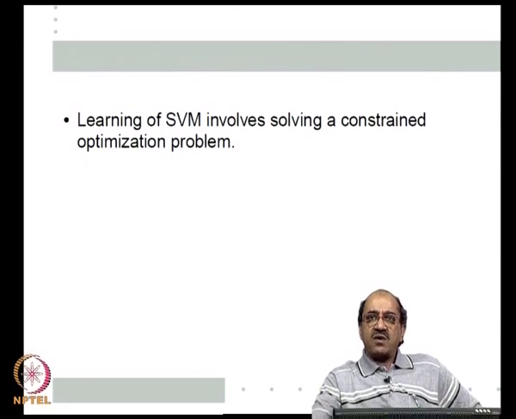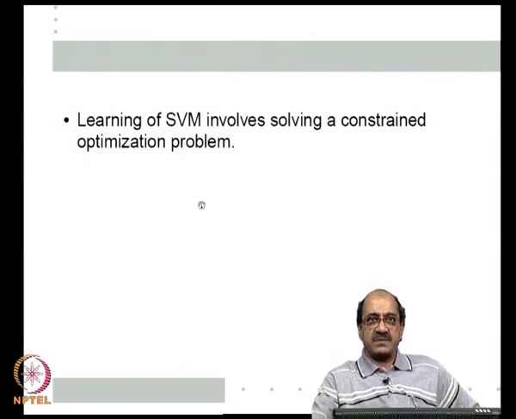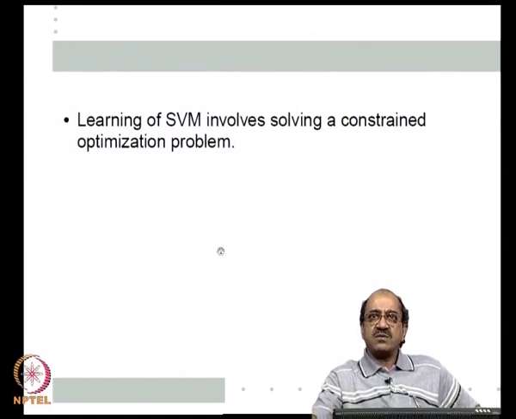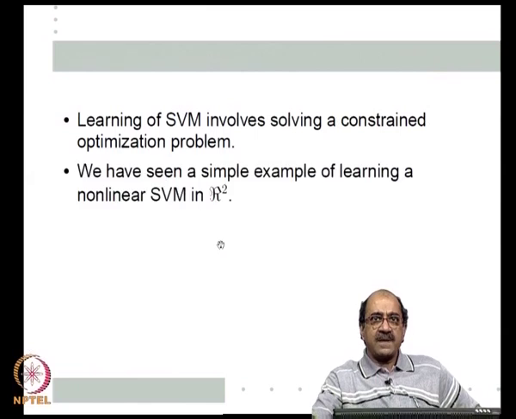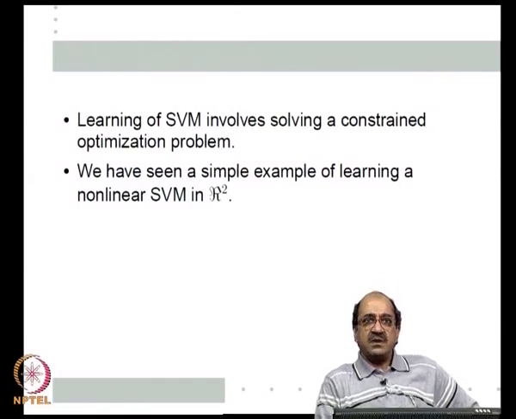Now, what we have not fully discussed, even though we mentioned it just briefly towards the end of last class, is how does one actually solve the learning problem of support vector machines. Learning of the support vector machine involves a constraint optimization problem, and last class we saw an example of solving this constraint optimization problem for a very simple example.